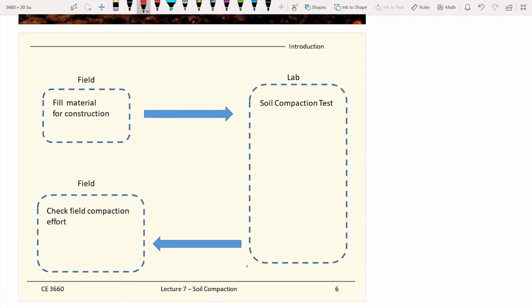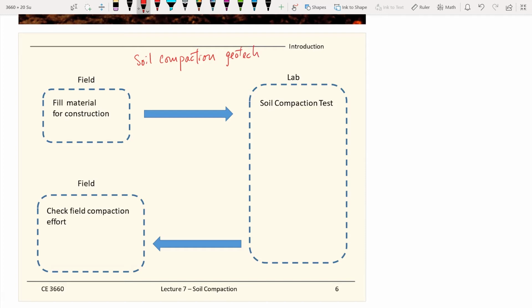Okay, now geotech practice in soil compaction.